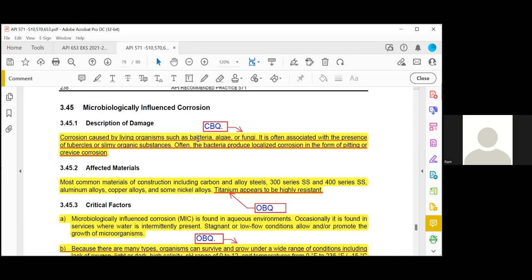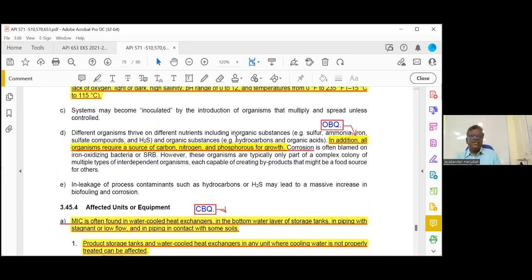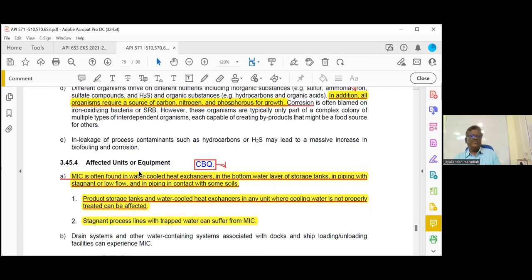If you can tell me, for all the damage mechanisms, which specific damage mechanism affects what kind of equipment, that would be really great, sir, so I can make a note. When you have time, there is a section called affected units. For each damage mechanism, they have given this section. Just go through it.